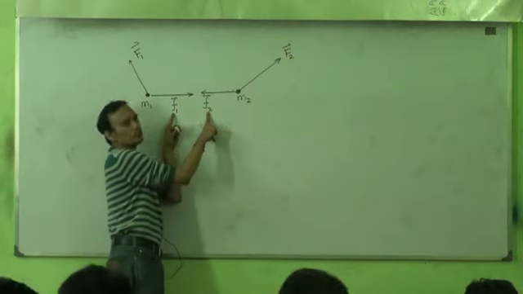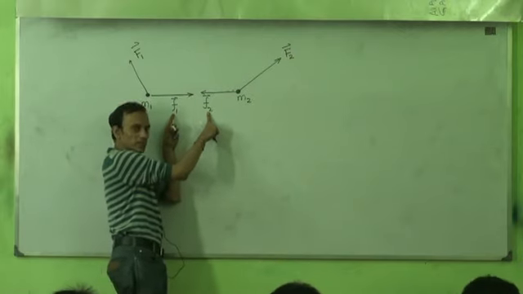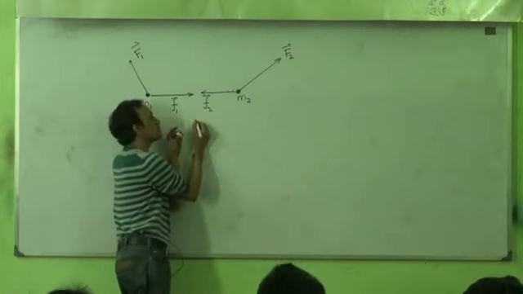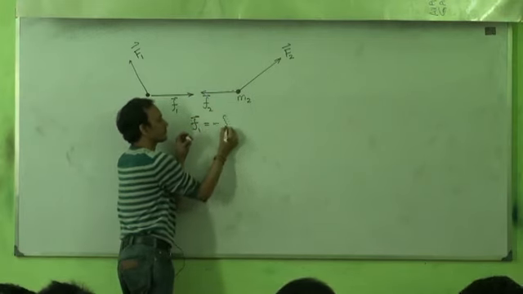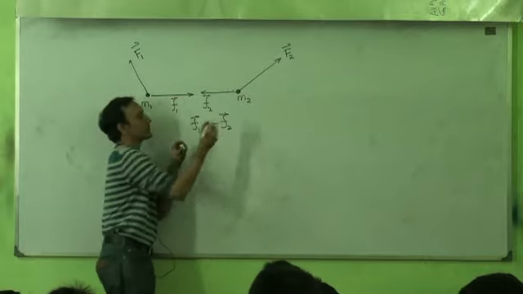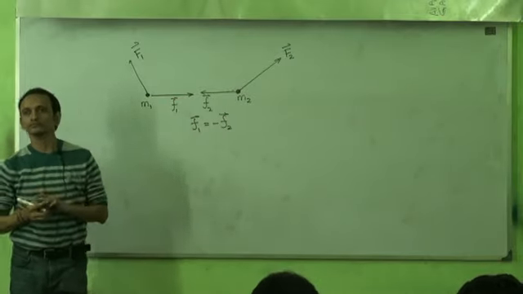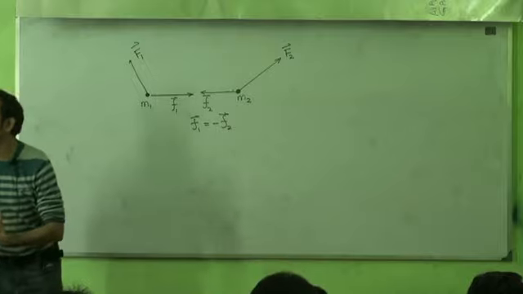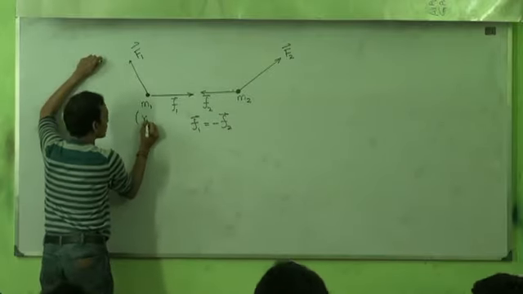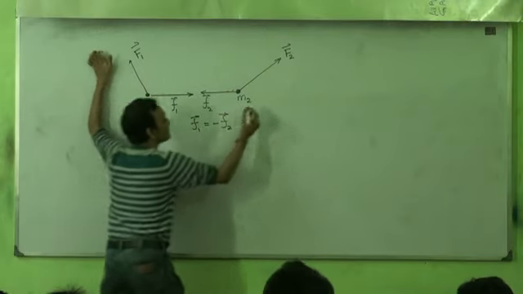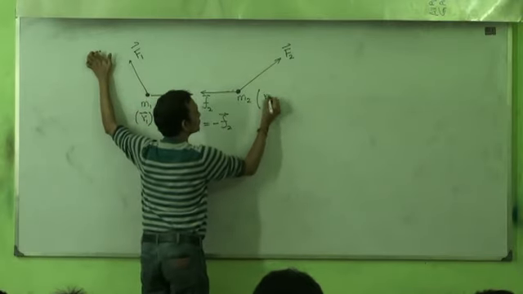That means f1 would be minus f2, vectorially, a consequence of the third law. Alright. At some instant of time, let's say the position of M1 was R1, position of M2 was R2.